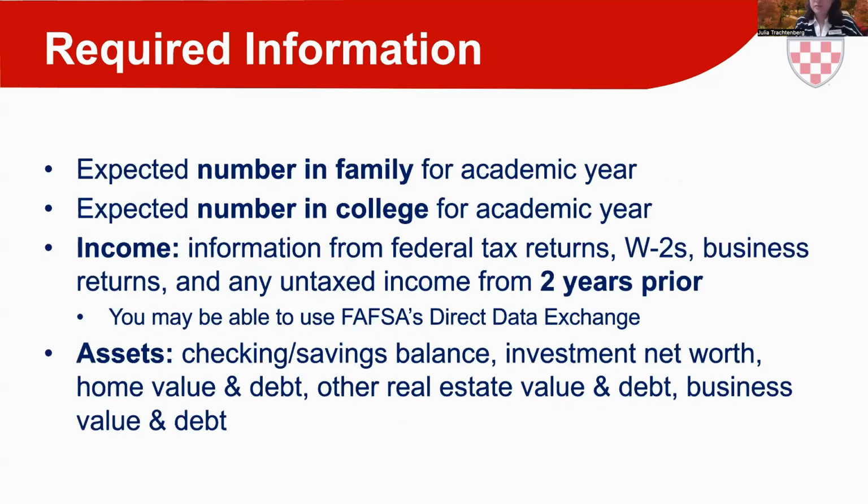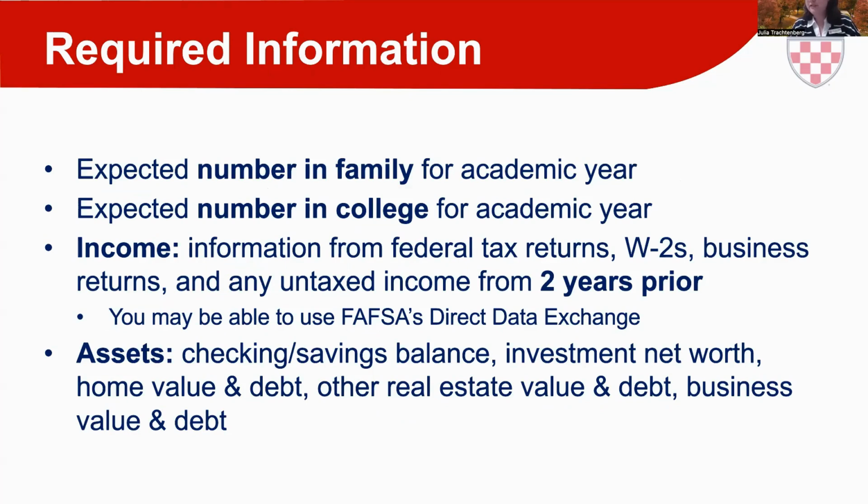So the required information that goes into your financial aid applications, the first is going to be the number of people in your family and also the number of students who will be in college for that upcoming academic year. We're also going to be looking at income. I already kind of mentioned we're looking at income from 2 years prior, and that's going to be using your federal tax returns and your W-2s, business returns if you have those, and then also any untaxed income that you might have as well.